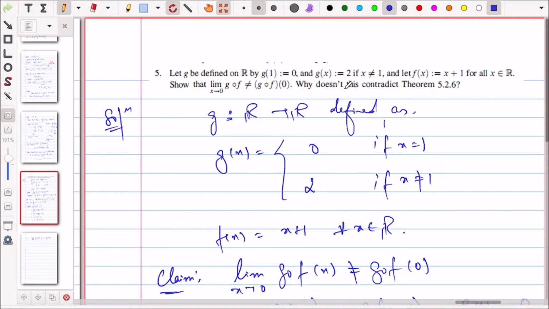We have been asked why this doesn't contradict theorem 5.2.6. In theorem 5.2.6 it is given that the composition of two continuous functions is continuous. Although the function g is continuous at 0, it should be continuous at the point f(c). Let us look at the statement of the theorem 5.2.6.